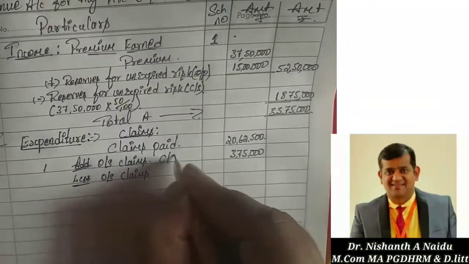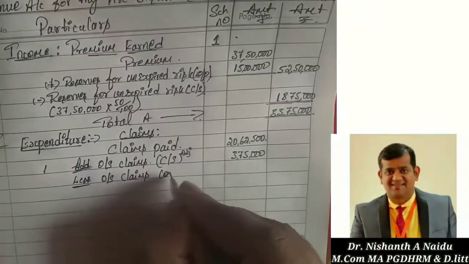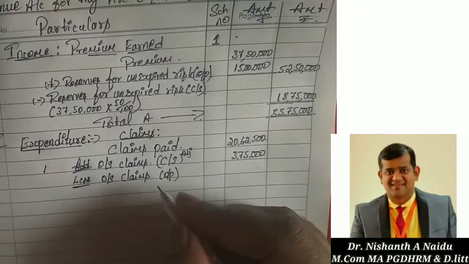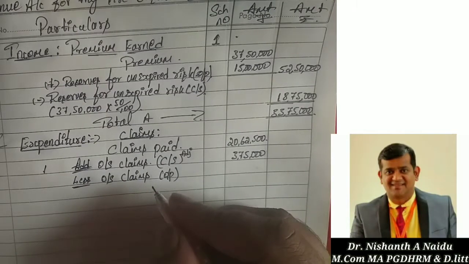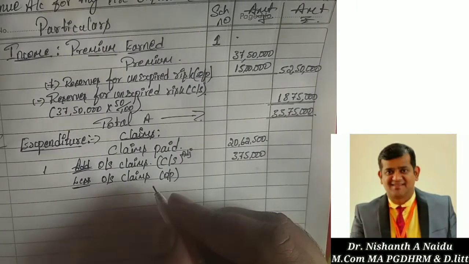So let me mention closing, that is adjustment, and opening will always be in the statement. So check out how much outstanding claims, 3 lakh 75,000, right?